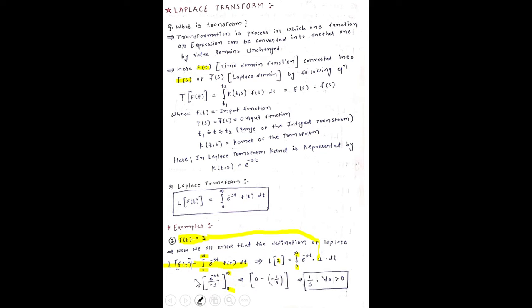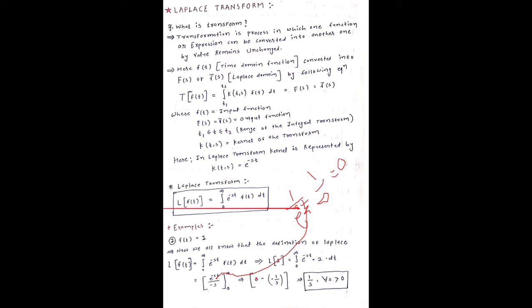Now put the limit, infinity and 0. So when we put the limit of infinity, then 1 upon e raised to st. Now put the limit infinity, then 1 upon infinity, and what is 1 upon infinity? It is equal to 0. So when we put the limit of infinity here, it becomes 0.